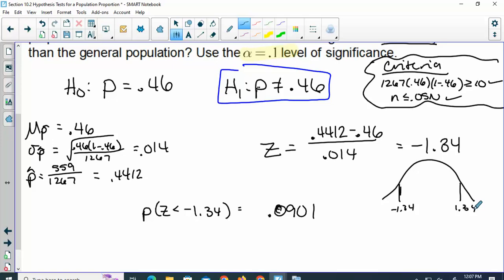Or you could realize that those probabilities are symmetric, so they should be the same. The only reason I'm doing this is because it's two-tailed. When you find your probability at the end, you need to take it times 2 for both tails. We get 0.1802.